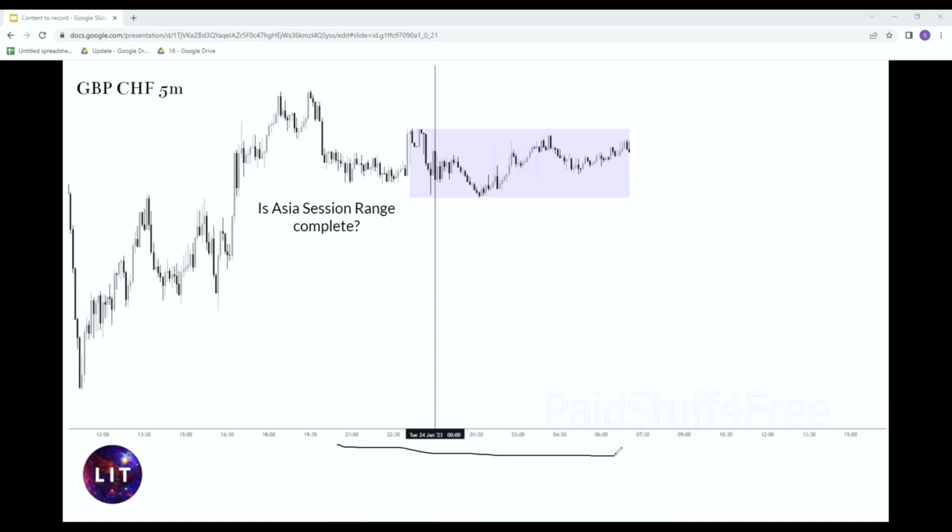We use UTC +1 or +2 depending on the time change. Right now it is UTC +1 in the month of January. If you are watching this at a later date, do ensure that this was UTC +1 at the time. It usually ranges from UTC +1, +2, or GMT, the UK time zone.